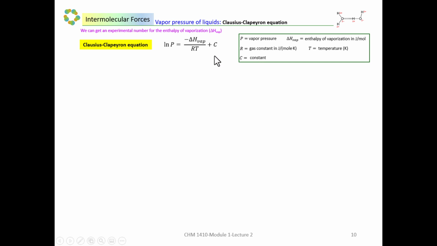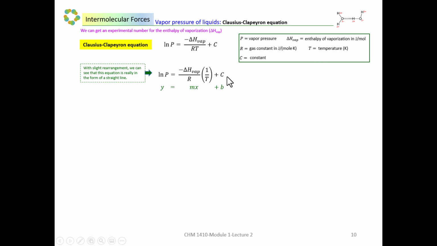So of course P is the vapor pressure, delta H VAP is the enthalpy of vaporization in units of joules per mole. The gas constant would be in units of joules per mole per K. The temperature, of course, is in Kelvin, and of course C is a constant. Well, if we rearrange this equation a little bit, we can make it look more like the equation of a straight line.